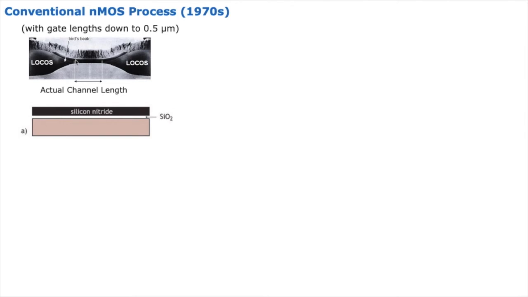So how do you grow these oxidized LOCOS layers? You have a silicon substrate, and then a thin silicon dioxide layer, normally the native oxide layer. Then you grow another layer, silicon nitride, which is essentially a mask.